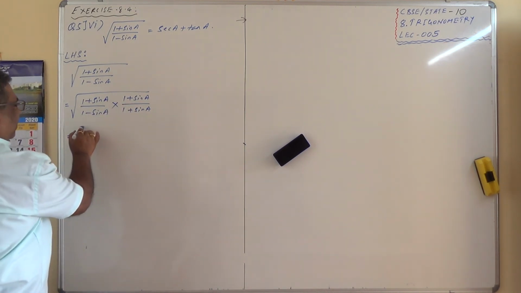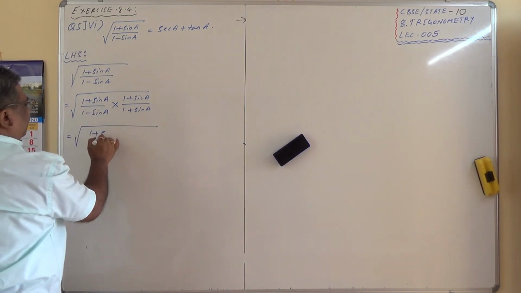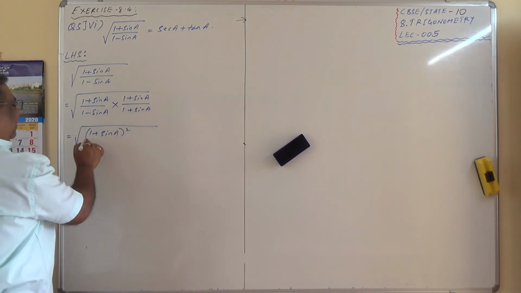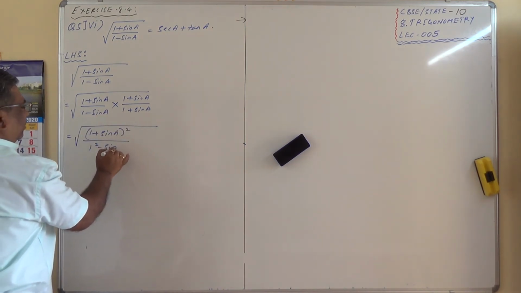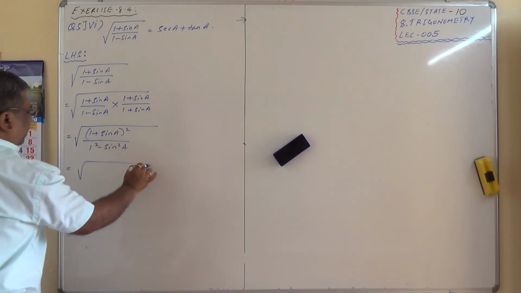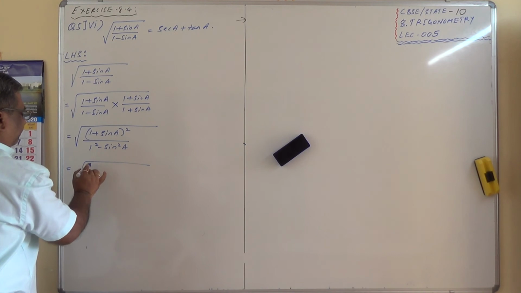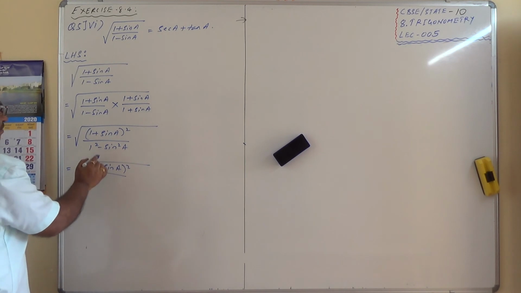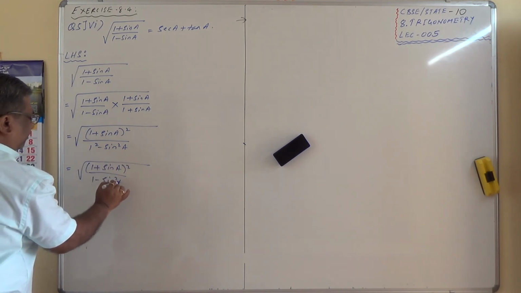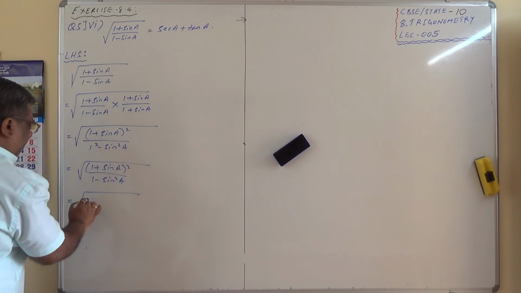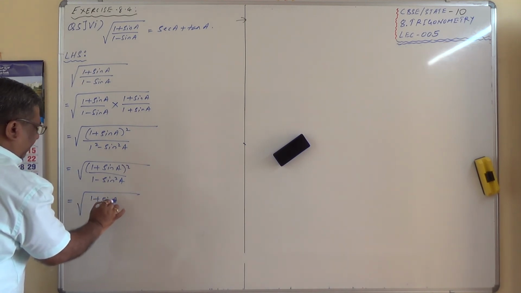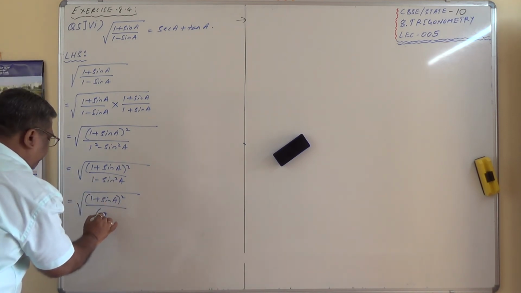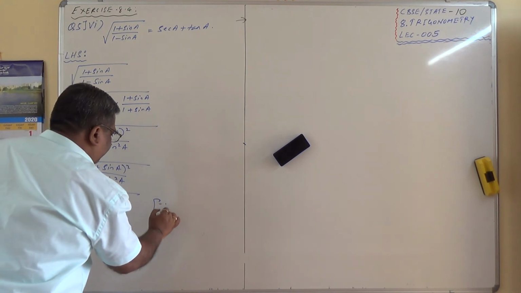So this equals under root of 1 plus sin A the whole square, and 1 minus sin A into 1 plus sin A is nothing but 1 square minus sin square A, which equals under root of 1 plus sin A the whole square divided by 1 minus sin square A, which is cos square A. Write the reason.